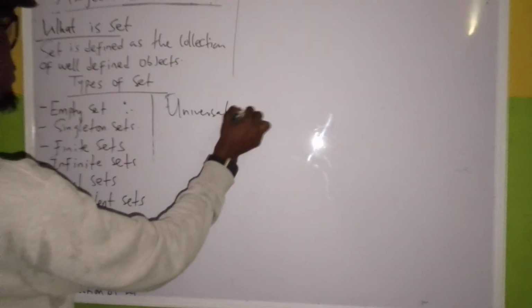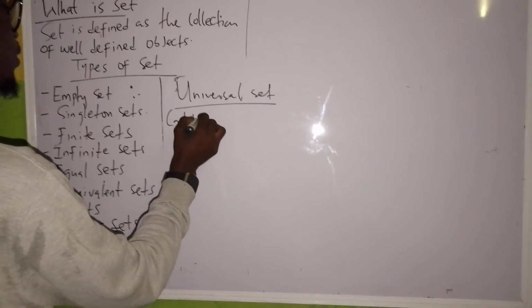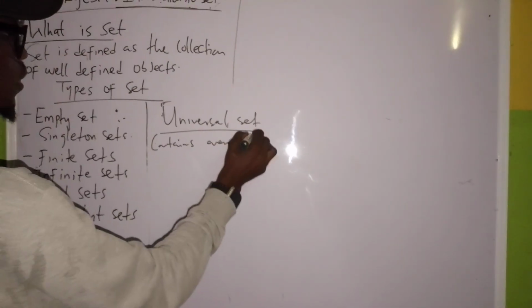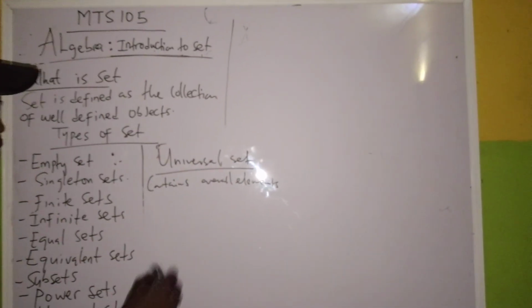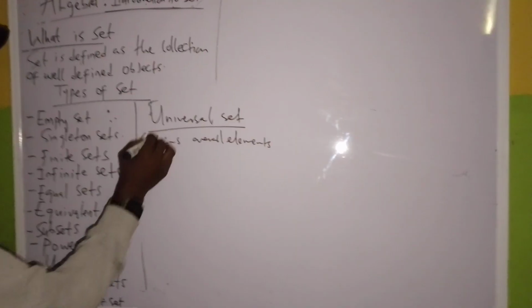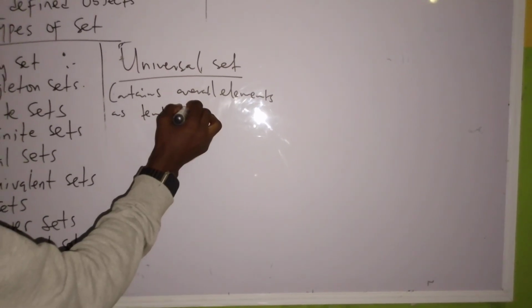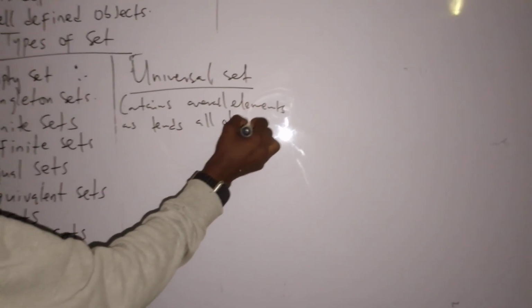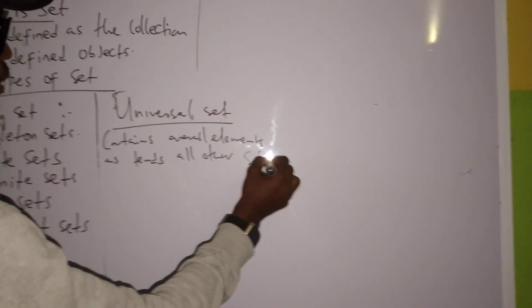The universal set contains overall elements, as in, it contains all the elements of all other sets.